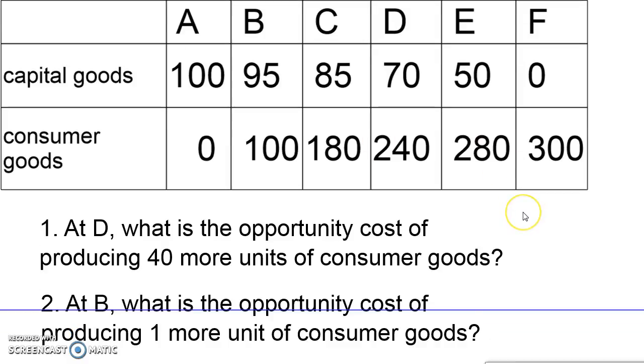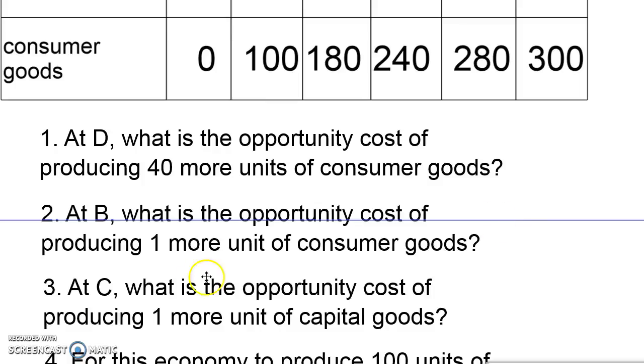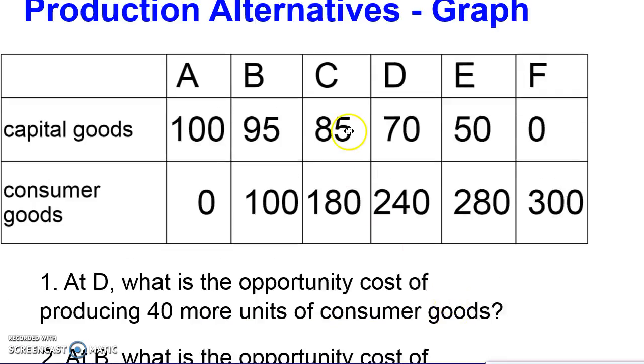At point C, it asks what is the opportunity cost of producing one more unit of capital goods. So if we look to C, we are at 85. We want to move up to 86. That would be the inverse because you have your 1/8. For every one capital good you gain, you would give up 8 consumer goods. So you flip the slope from B to C on the other end.